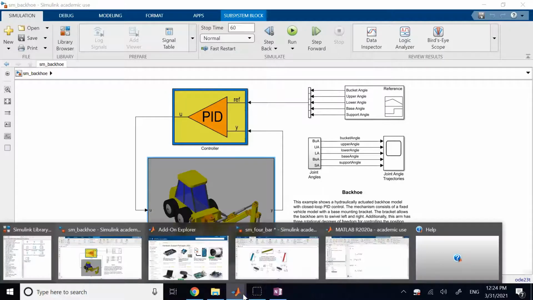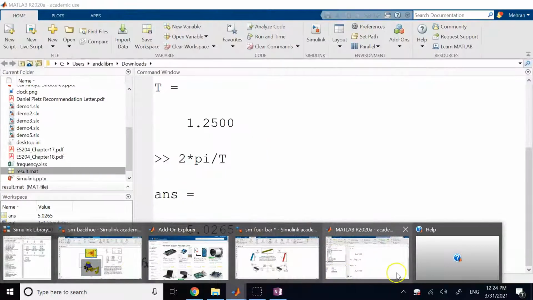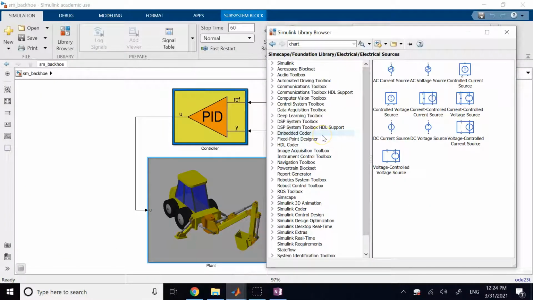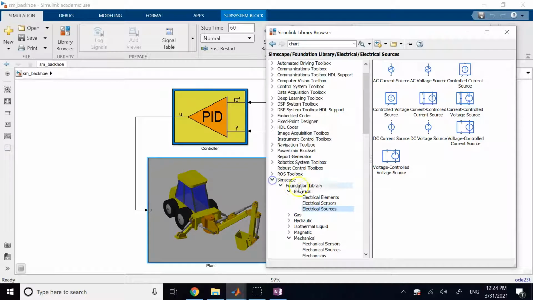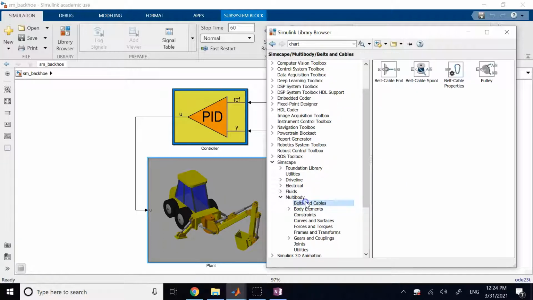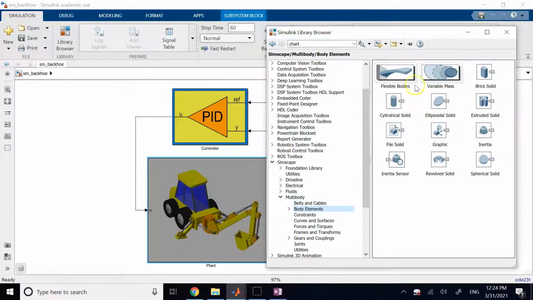Now I'll show you, under Simscape, there is a library here called Multibody. And these multibody blocks are for creating mechanical systems with more complexity. So here you have, for example, belt blocks, pulley blocks. You have mass elements with different shapes: cylindrical, extruded, brick, spherical, revolved objects, right?